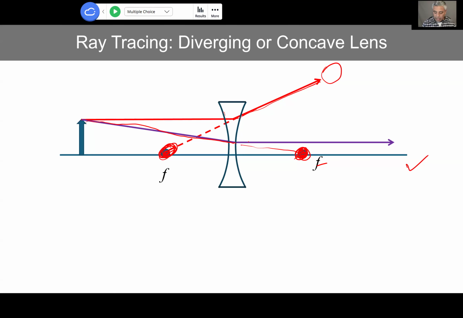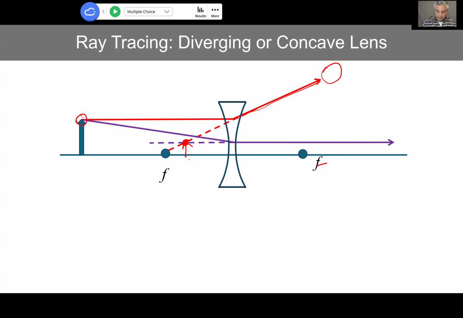Now, after refraction, what happens? It goes parallel to the axis. Again, the idea is still the same. If I back produce that, then these two are going to meet there. So that means the tip of the image must be here, so the image is going to be there.